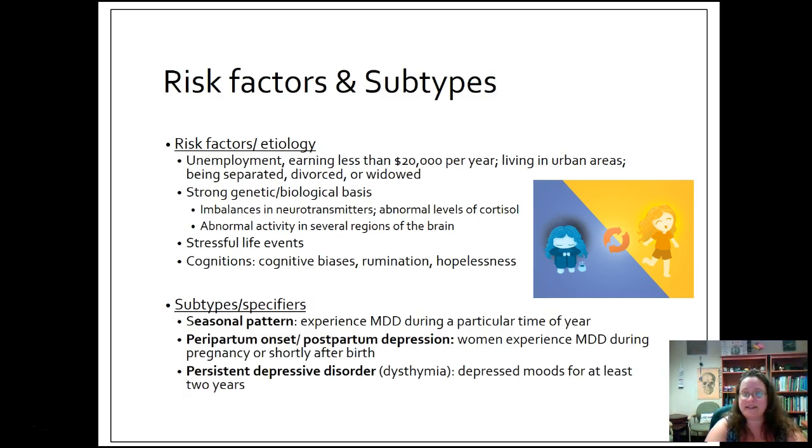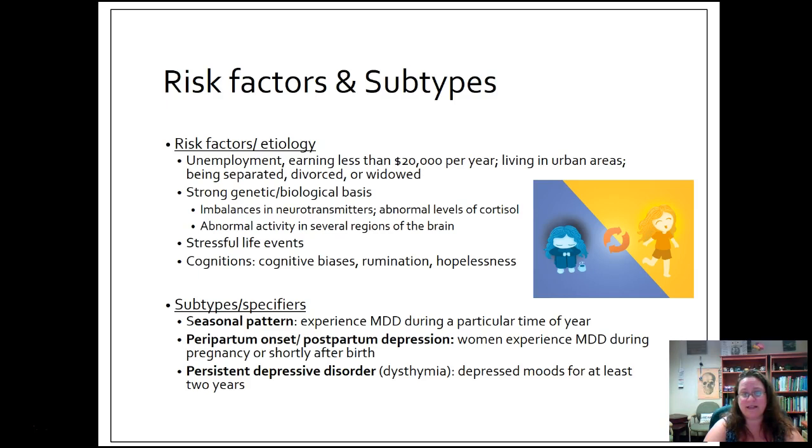There are some specific subtypes of depression. If you experience this largely in the winter months, then we call it seasonal affective disorder or seasonal pattern. So this is during a particular time of the year. People can experience peripartum onset, which we often call postpartum depression. So it's during pregnancy or shortly after birth experiencing depression symptoms. It's very, very common, so this is not something that is rare.